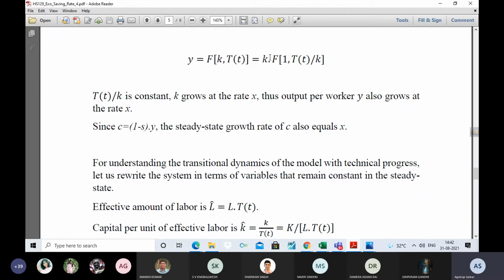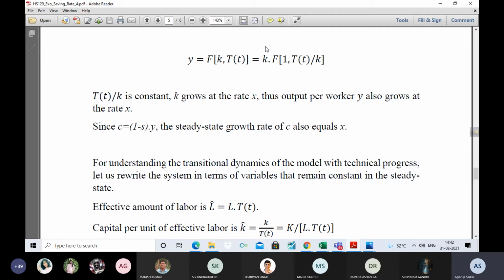You can express y as k times something which is a constant, because T by k is a constant, since both these entities are growing at the same rate x, right? So this whole functional form is a constant. K, however, is growing at the rate x. Hence, our per capita output would be growing at the rate x.